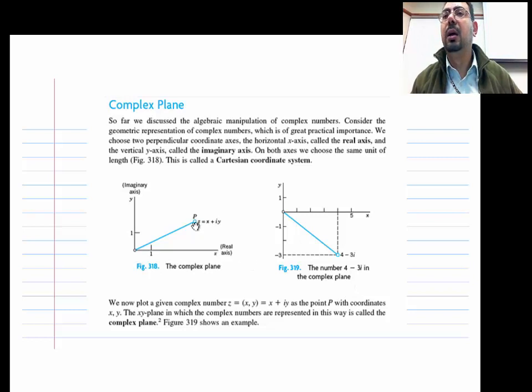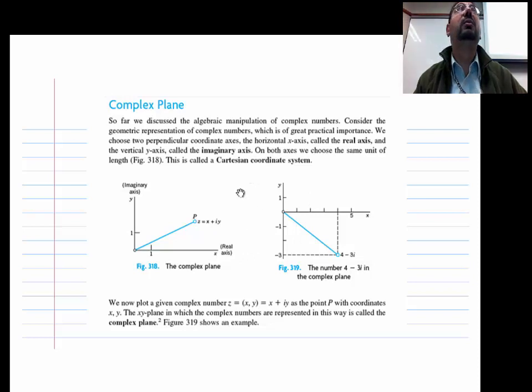And the sign of the imaginary part tells you whether you are on top or the bottom, of course. Right? For example, if the number is 3 minus 3i, it would be here, in the third quadrant, minus and minus.